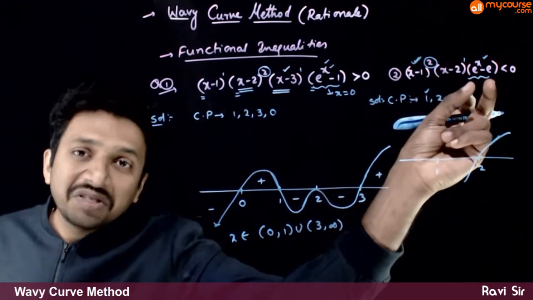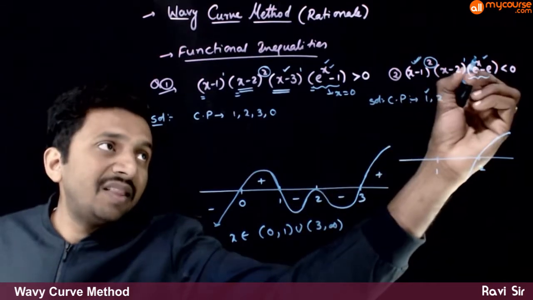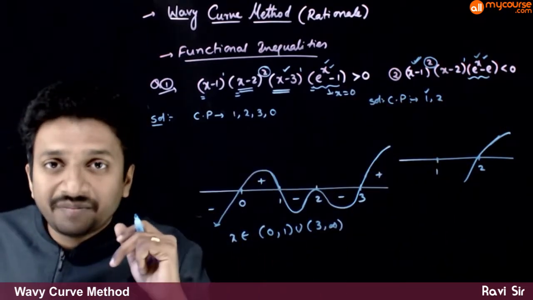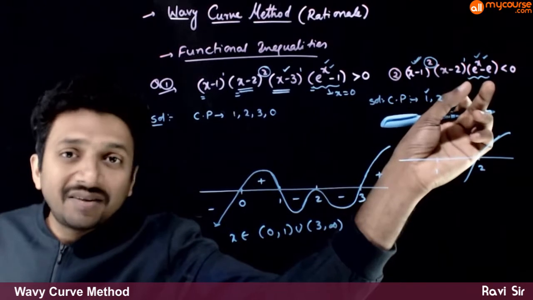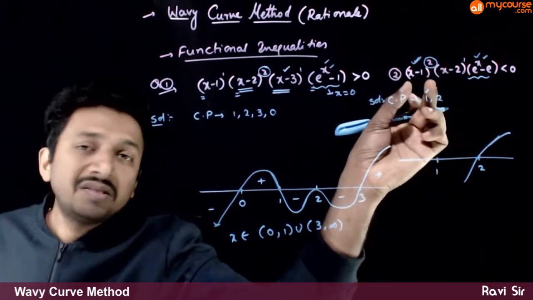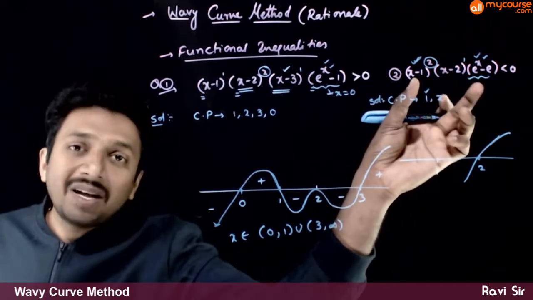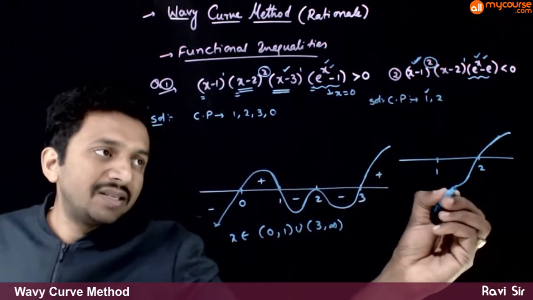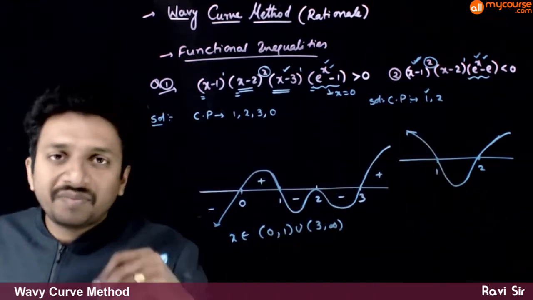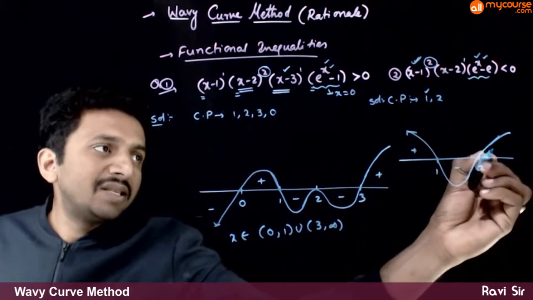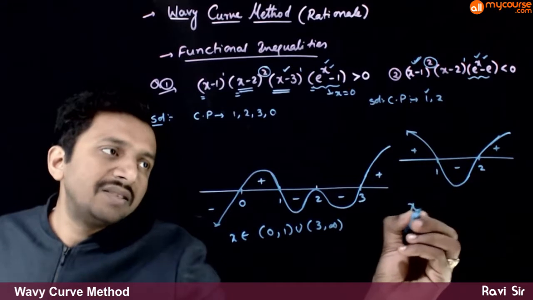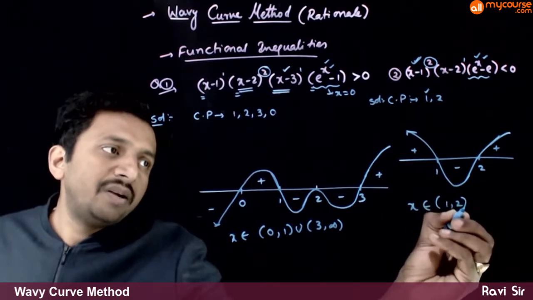This expression is changing sign, because if x is greater than 1, this is positive, and when x is less than 1, this expression is negative. So this factor is changing sign around 1, and this factor is not changing. So the multiplication of these two changes sign, right? So at x is equal to 1, it changes sign. So this is plus, minus, plus. I want this expression to be negative. So the answer is x belongs to (1, 2).